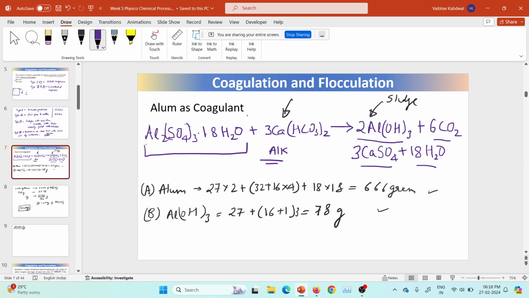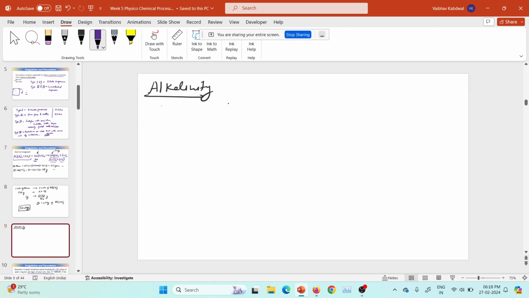So Ca(HCO3)2. In the question they may ask in the form of Ca(HCO3)2, how much quantity of Ca(HCO3)2 is required, or how much CaO is required, or how much in terms of CaCO3 alkalinity is required. So we'll formulate how it can be done.